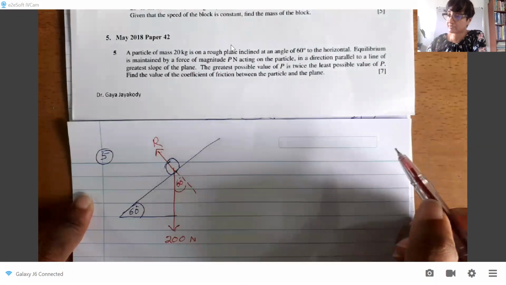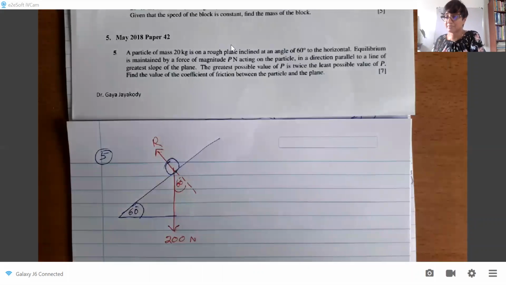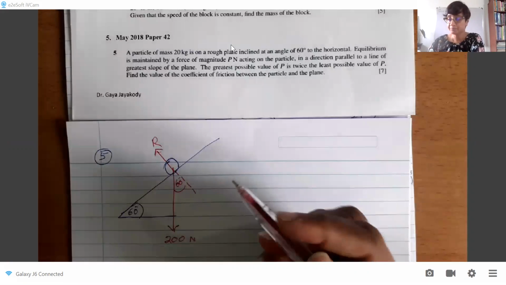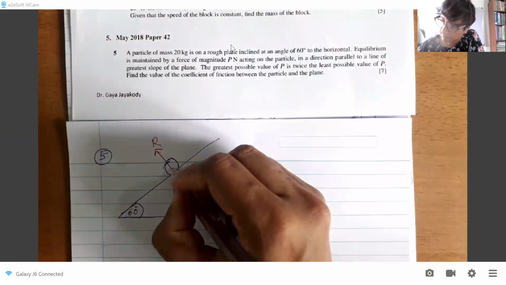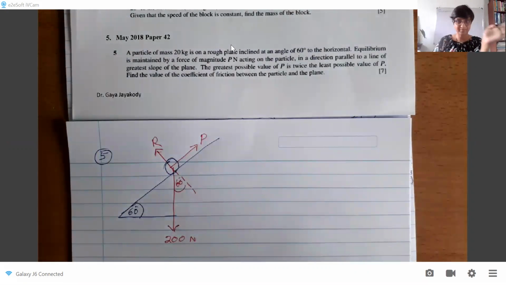Now, they don't say the direction of that force. So they say equilibrium is maintained. By the application of this external force, you can keep it from moving. This is exactly what we discussed last week. You can apply a force up the slope, but this P can take a range of values, from a smallest possible value to a largest possible value, and any value in between.